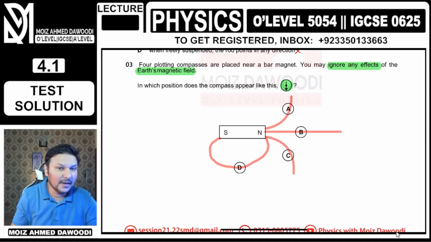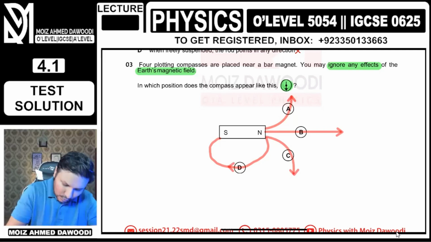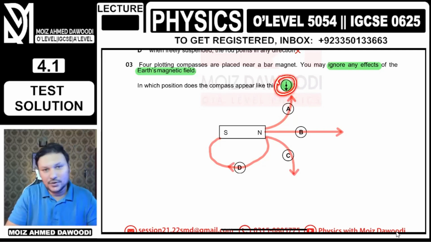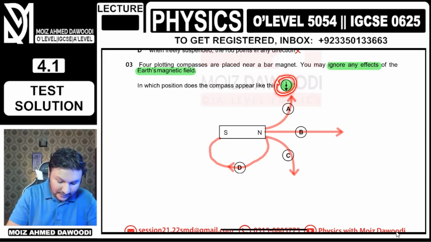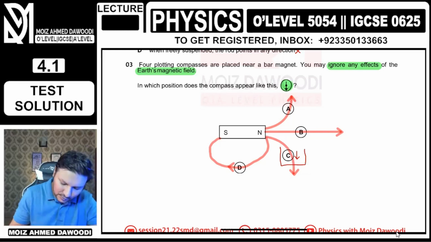Now I have told you earlier that for the North Pole, the direction of the magnetic field line is always away, always outward from the North Pole. So here the direction will be this. On this definition, only one option is appearing, and that is option number C, because as you can see, the direction here is somehow vertically downward. Getting my point? So in that way, the answer should be C.